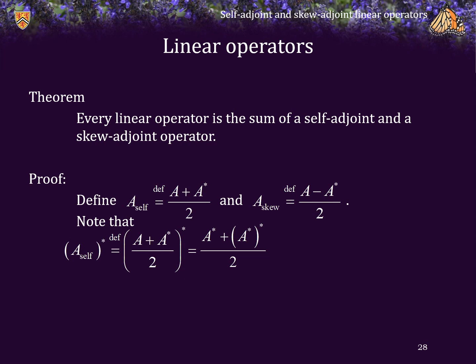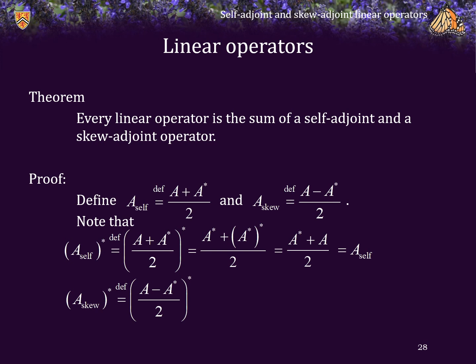The adjoint of the adjoint is equal to the matrix or the operator itself. And oh, wait a second. Operator addition is commutative, and so this is equal to the self-adjoint component of A. So yes, as defined above, that linear operator is indeed self-adjoint.